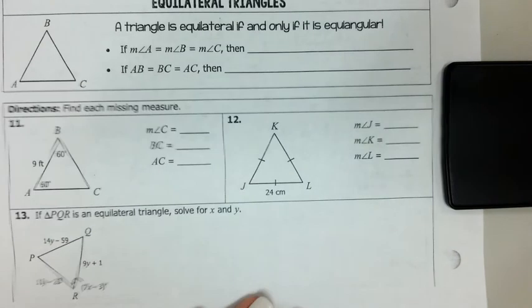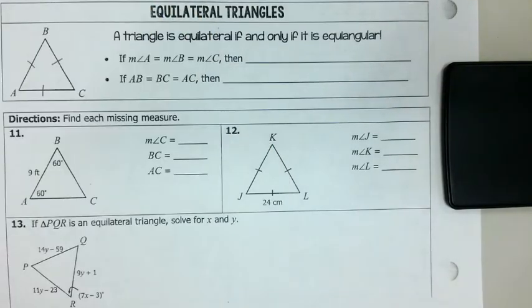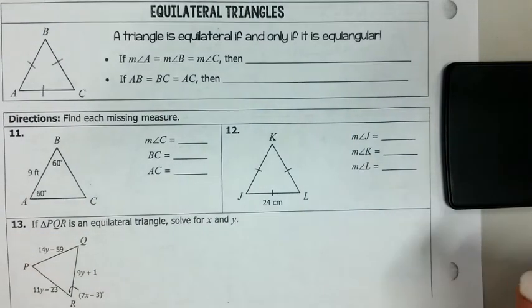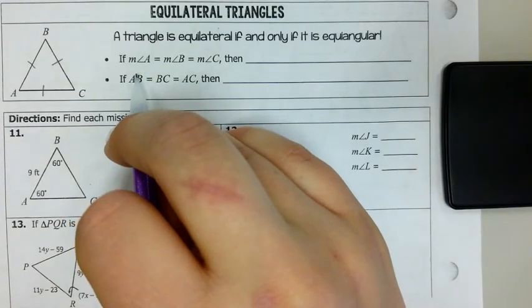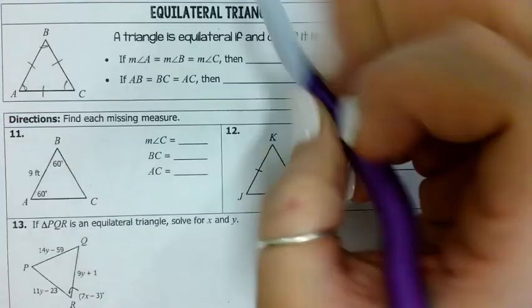Okay, the last section that we'll complete in this video is talking about equilateral triangles. An equilateral triangle, if we remember, all sides are equal, and it is the case that if it is equilateral, then it is equiangular. So if your angles are all equal to each other, then all the sides are equal to each other.